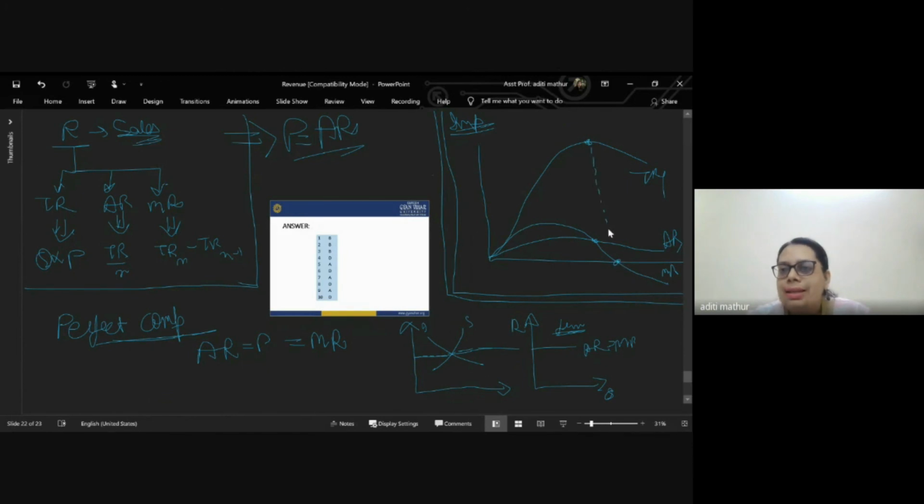When the MR is positive, TR increases at a diminishing rate. When MR is 0, TR is at maximum. When MR becomes negative, your TR starts falling. AR is always positive and is never equal to 0 or negative. But your MR can be 0 and negative as well.